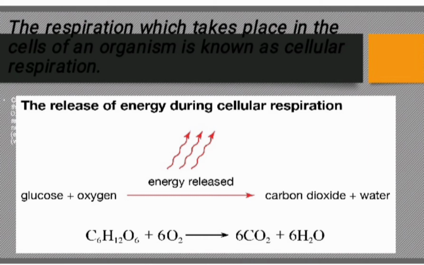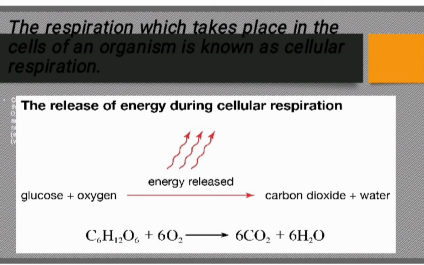What is the equation of cellular respiration? We can write it very clearly: glucose plus oxygen gives carbon dioxide plus water and energy. A big amount of energy is released when glucose combines with oxygen.